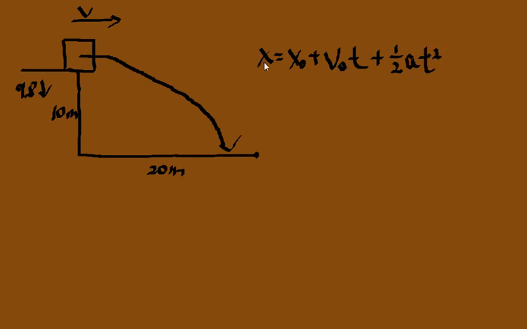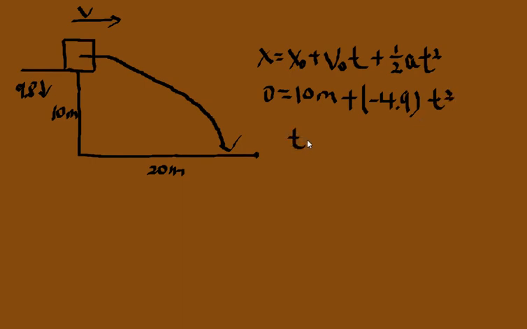What is the final x? The final x is 0. The original x is 10 meters, because it falls from a table that's 10 meters tall. The initial vertical velocity is 0, so v initial t is 0, plus 1/2 at squared. a is negative 9.8, so 1/2 times negative 9.8 is negative 4.9 t squared.